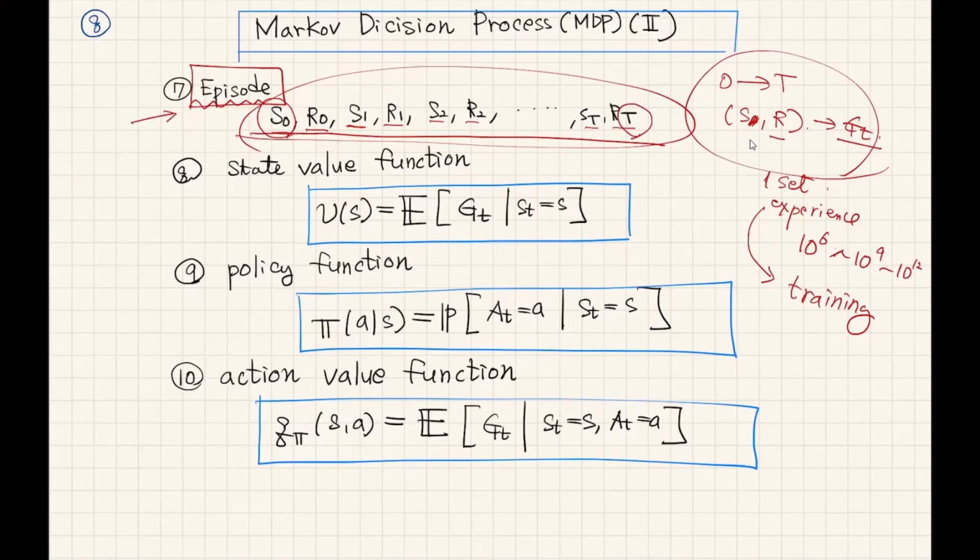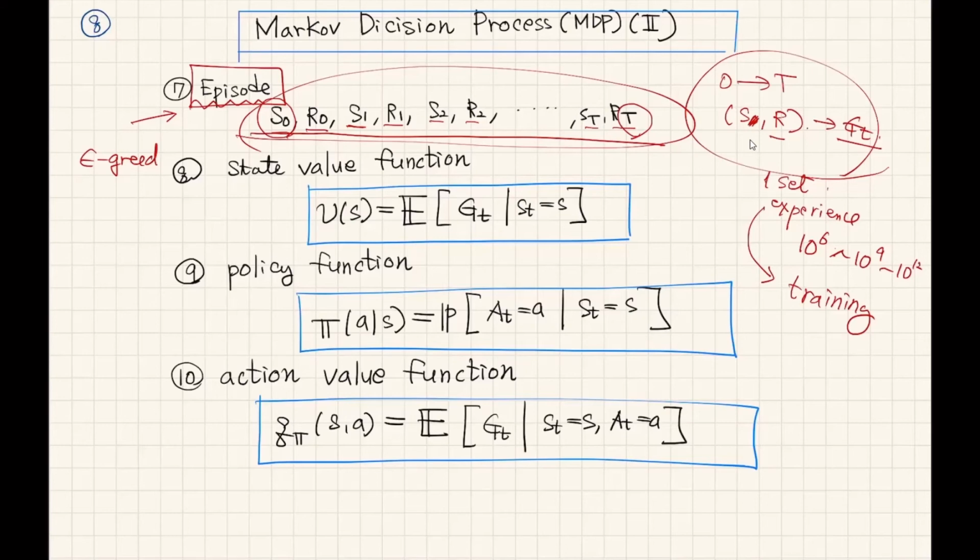Later on, we will come back to this issue again, and sometimes we say exploitation or exploration. One of the methods we're going to use is epsilon greedy. And later on, especially in Q learning, or in some model-free cases, we're going to use this kind of method.